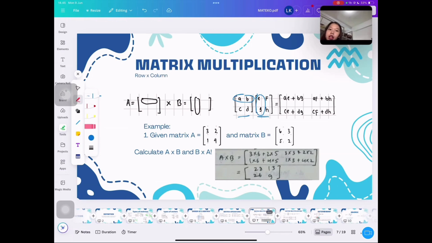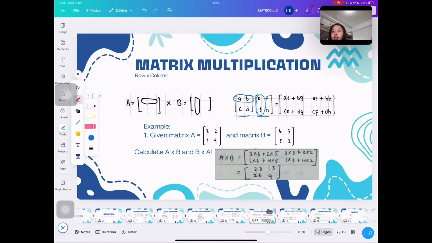For example, here we have an example problem. Calculate A times B and B times A. So the way to solve it is the same as before, row times column. So here we have matrix A 3, 2, 1, 4 and matrix B 6, 3, 5, 2.